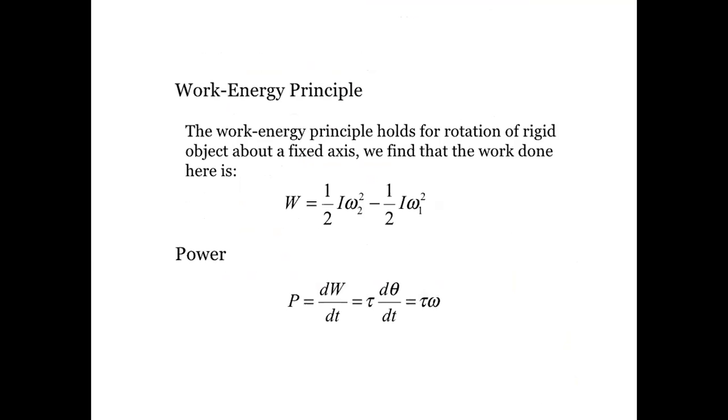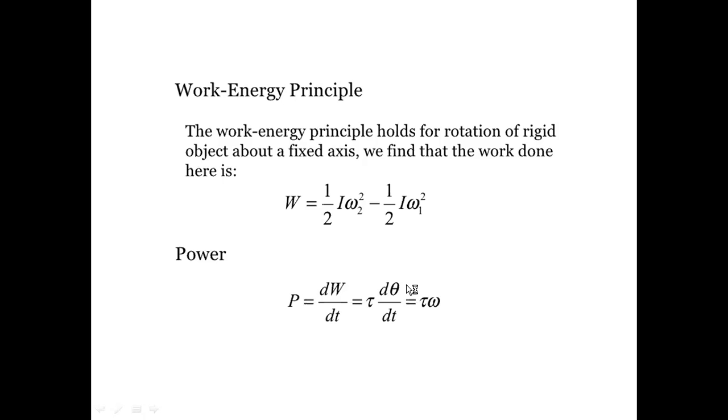The work energy principle is also related to rotational motion. For the rotation of a rigid object about a fixed axis, we find that the work done W equals half I omega 2 square minus half I omega 1 square. And power P equals dW by dt. We know this basic expression.